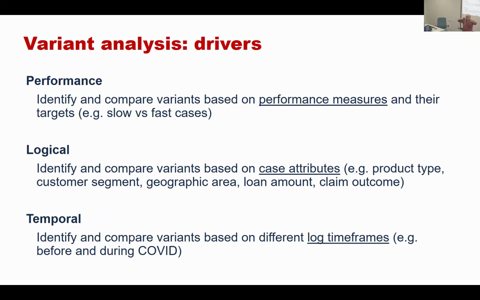Split your log according to these logical attributes and then start comparing the corresponding logs, the 2 separate logs, in order to understand why is it that, for example, in one geography, I am performing better in terms of waiting times or in terms of processing times than in another geography, or that for one type of product or one type of customer, I am performing better than for another one.